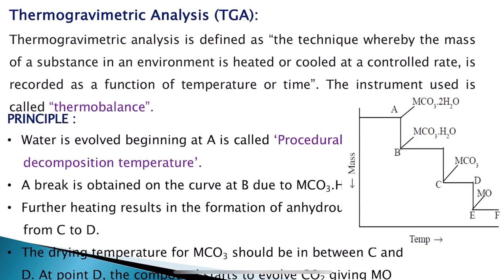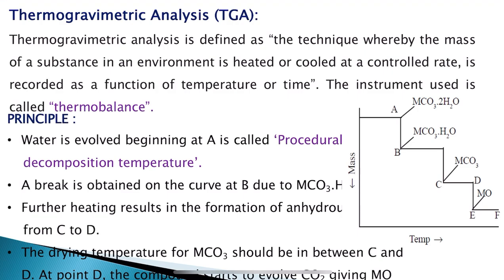Qualitative means identification of the constituents. For example, in the experiment you performed in your previous semester, the qualitative semi-micro identification of given inorganic salts, you were identifying two acid radicals and two basic radicals. It is an example of qualitative analysis.